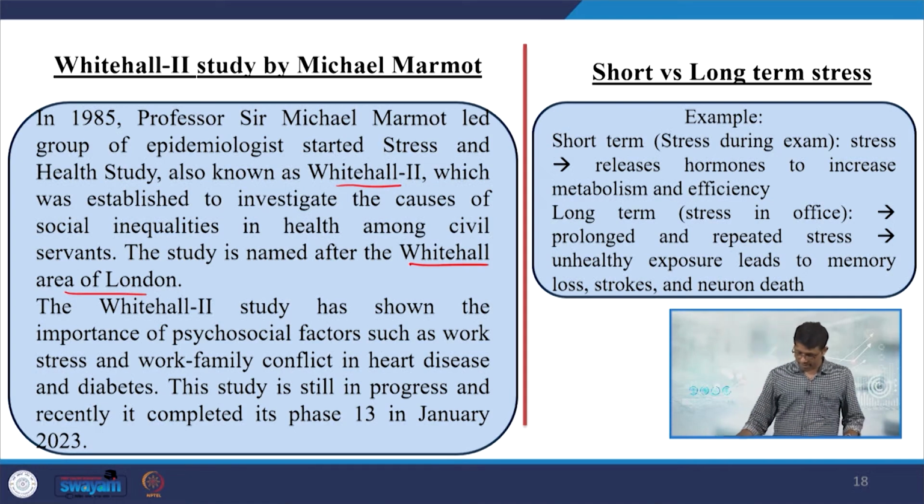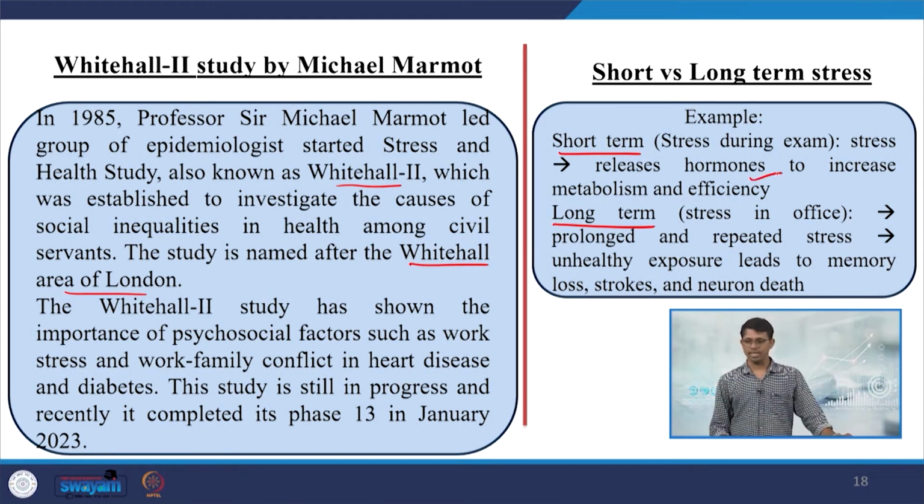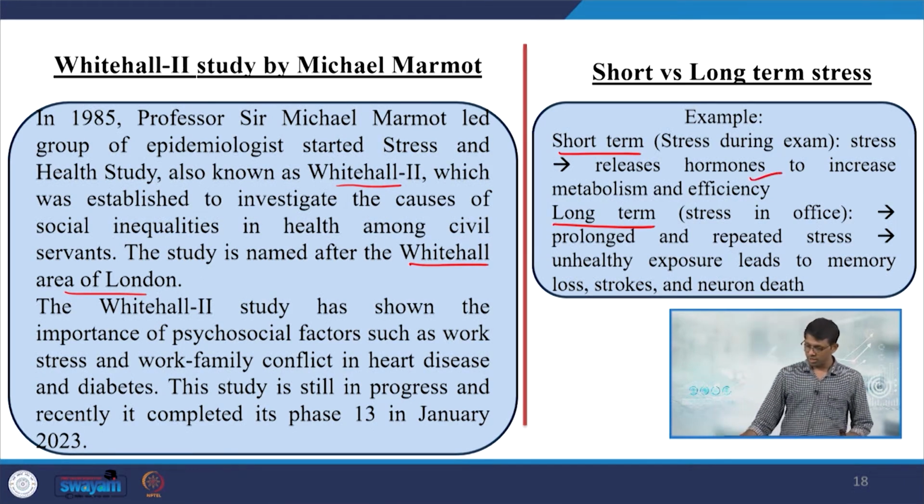Hence unhealthy exposure leads to memory loss, strokes and neuron deaths, etc. So, there are different interpretations for the short term and the long term. In the short term it might be efficient to some extent, but in the long run it might create problems. In their work they emphasize long term issues largely.